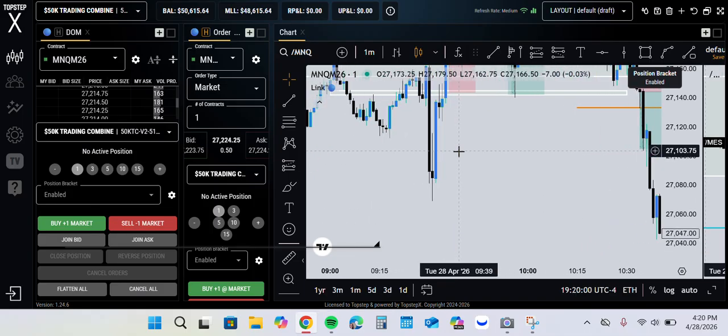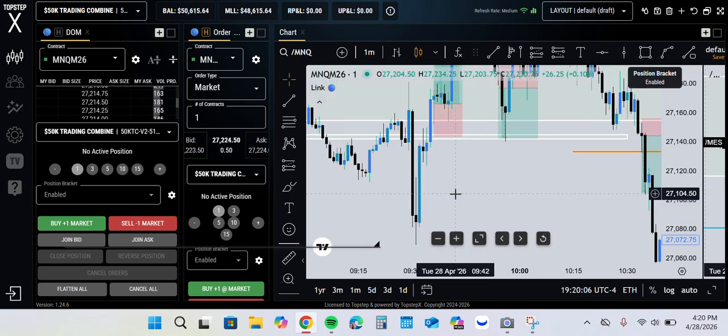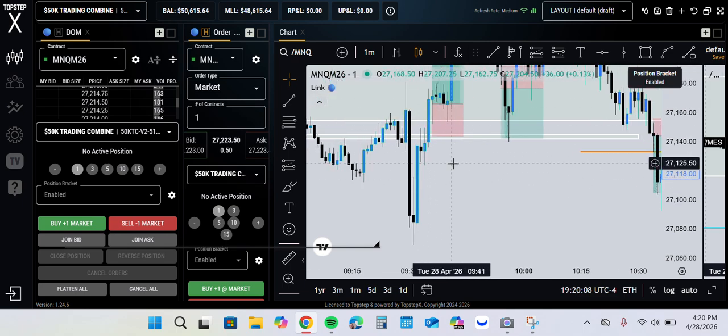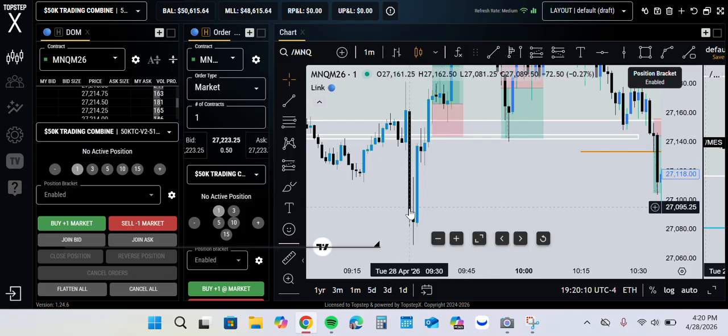A Doji candle signals a great reversal strategy. So what ended up happening with this specific trade is I saw this Doji candle. After a Doji candle, what am I looking for on the 1 minute? I'm looking for either a reversal or a continuation of the reversal. So we have a Doji candle, and I'm wanting it to reverse, right? I'm wanting it to go bullish.